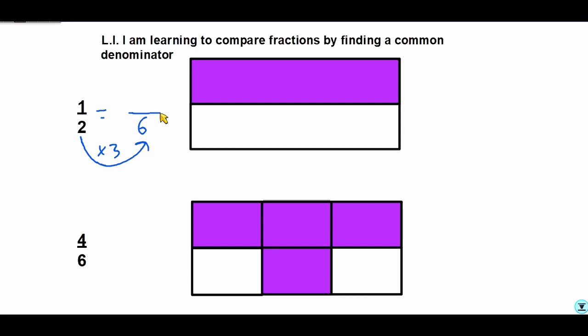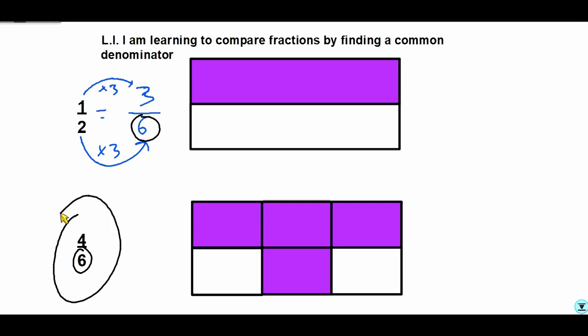And sticking to our rule, whatever I do to the bottom, I have to do to the top. So I'm going to multiply this top number here as well, times that by 3. And what I get then is 3 sixths. Because I now have a common denominator, 6 in both cases, I can easily compare them. And I can see that 4 sixths is bigger than 3 sixths.